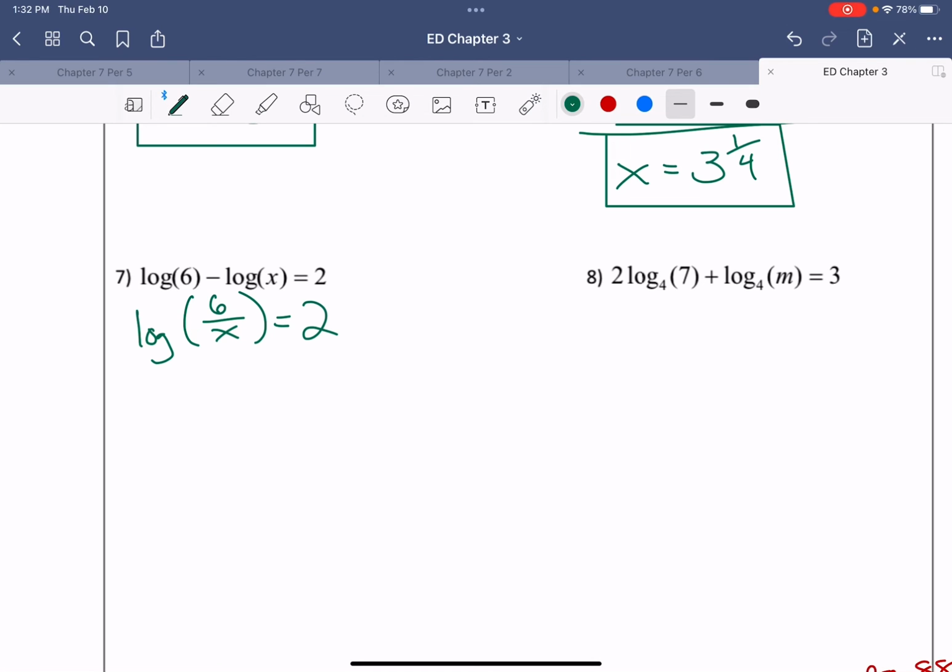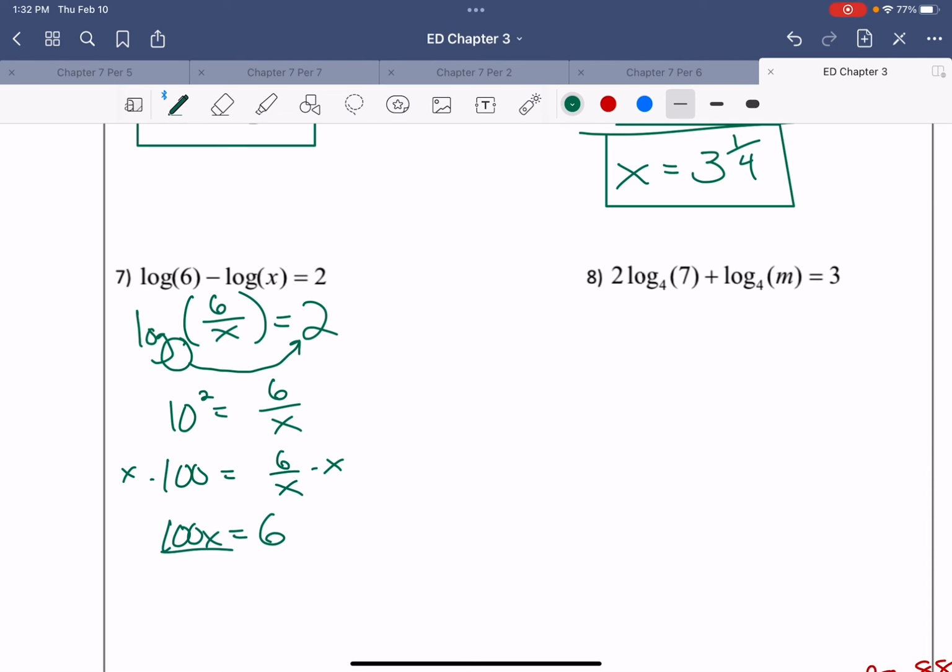Now you have a single logarithm equals a single number. Imaginary base of 10 squared equals 6 over x. 10 squared is 100. Multiply by x, 100x equals 6. Divide by 100, and x equals 6 over 100. You don't need to reduce. You can just leave it as 6 over 100.